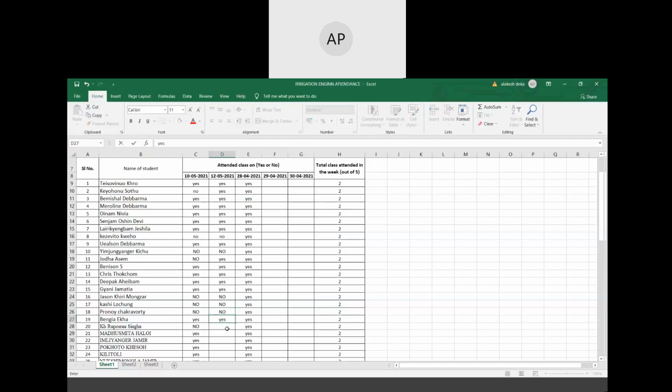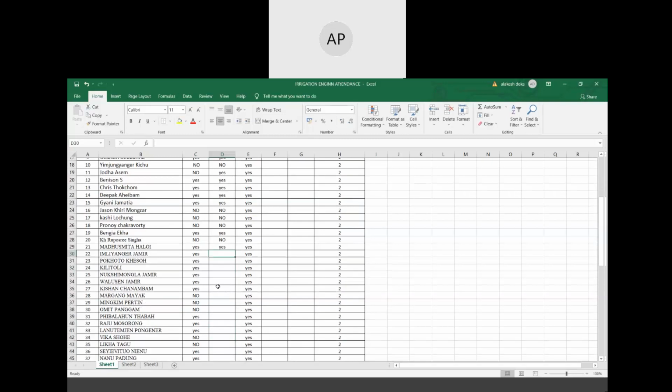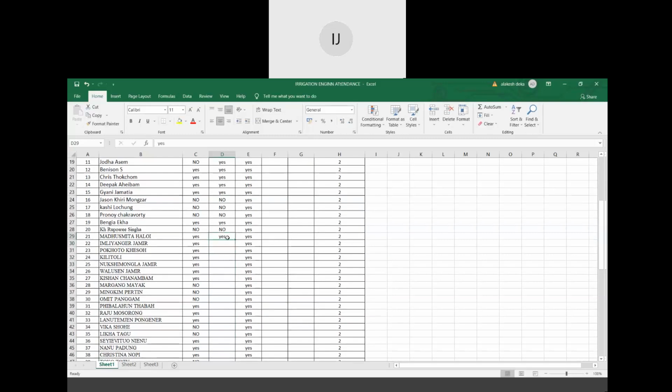Rupasri. Madhusmita Haloy, are you present? Absent. Zamir, present, ma'am.